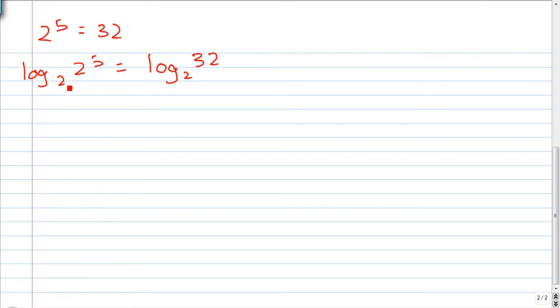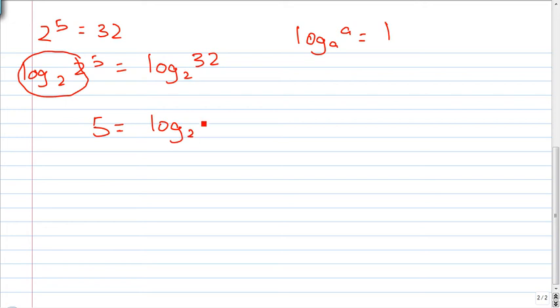The reason why I want to attach log base 2 to both sides is so that this becomes 1. Log base a of a will always be equal to 1, remember that. So what we have is 5 here: 5 equals log base 2 of 32.